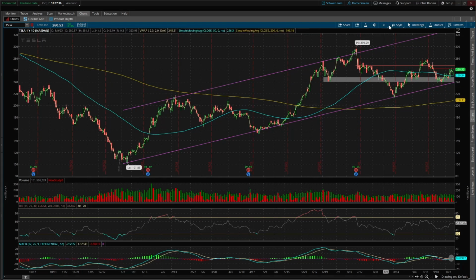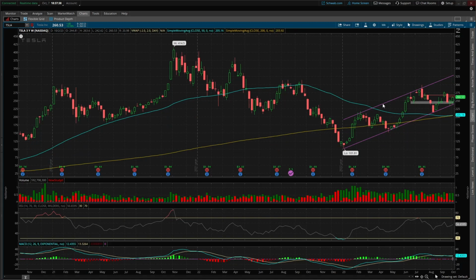So let's look at the weekly chart. We can see right there, it's been trading off this channel right here, and then hit the rejection right there. That's the thing I'd like to look out for, the rejection area.